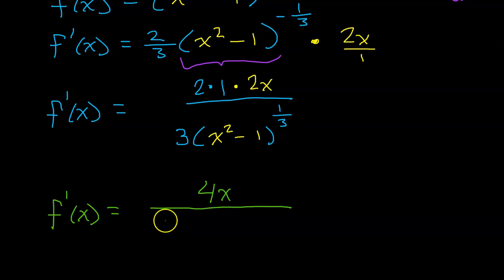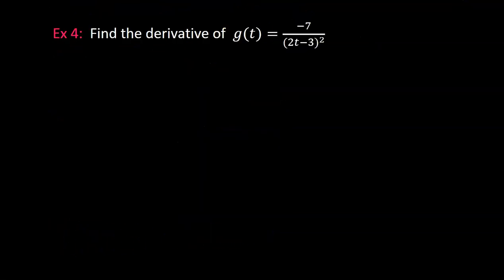In the denominator, we have this 3. But instead of doing the 1/3 power, let's go back to a root. The 1/3 power is the same thing as the cube root. The cube root of x squared minus 1. And that's the final answer.